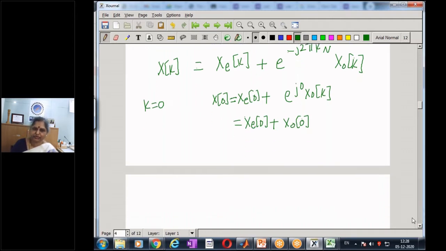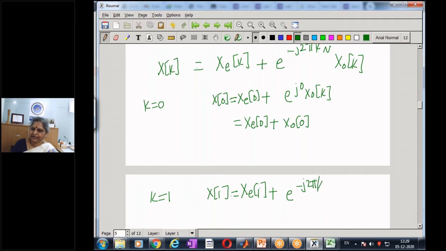Next, let me put k equal to 1 in the above expression. And what does that give me? X of 1, the 4-point DFT, is given by xe of 1 plus e to the power of minus j 2 pi k.